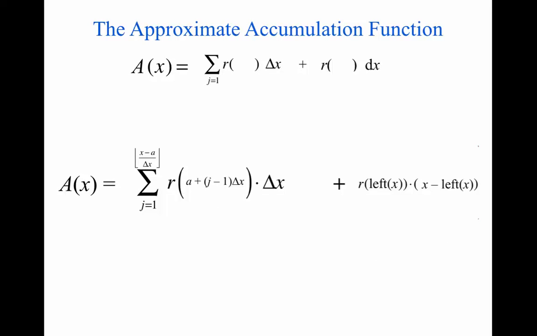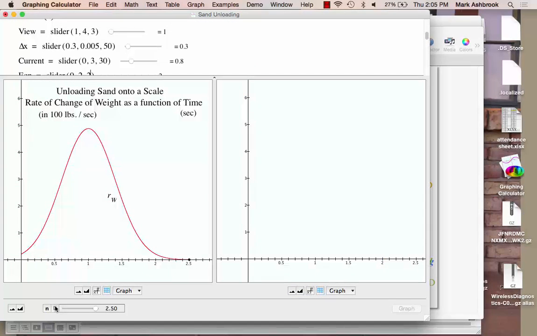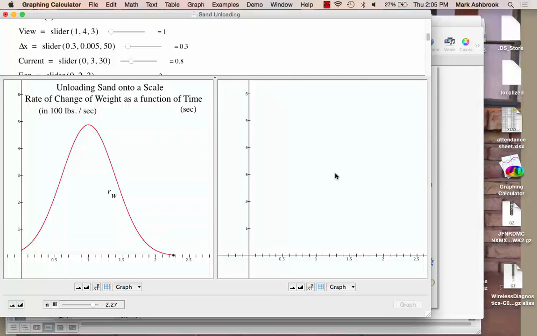So we're going to look at an example. Hopefully this will help. I have a truck with a load of sand on it, and we're going to start tilting the truck bed back so that the sand is unloaded onto the ground or a scale. Think of it on a scale.